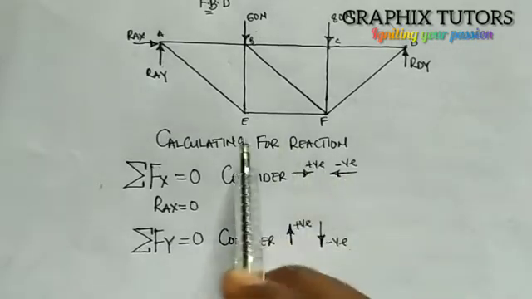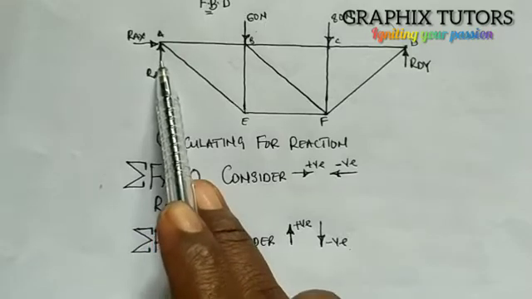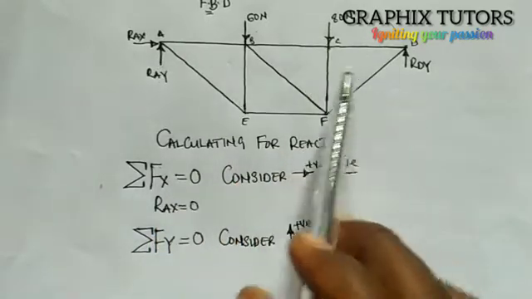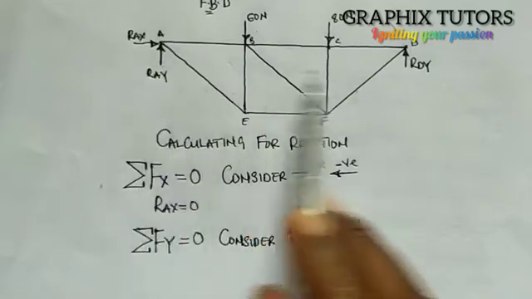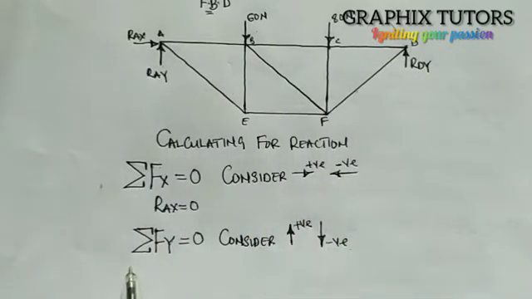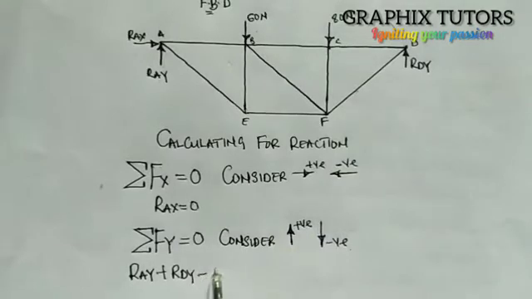Now we have 4 vertical forces, which is 1, 2, 3, 4. But out of those 4, 2 are acting upward, in the name of RAY and RDY. So we say RAY is positive plus RDY. Then the 60 and the 80 are acting downward, so it will be minus 60 minus 80 equals 0.